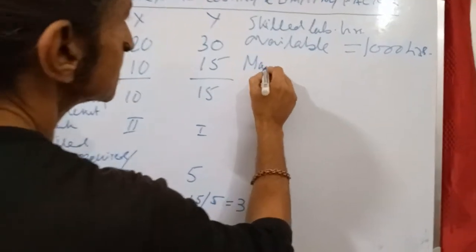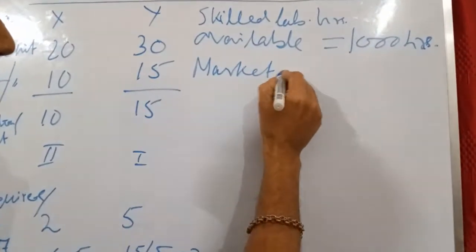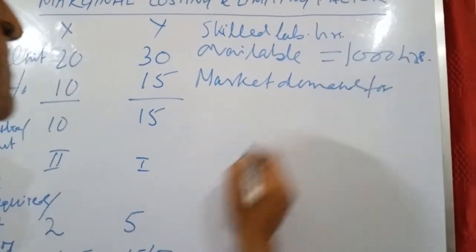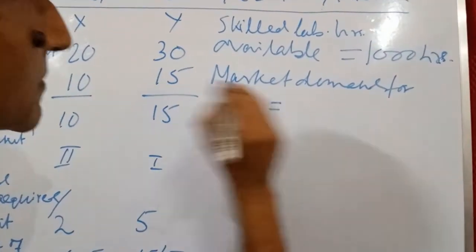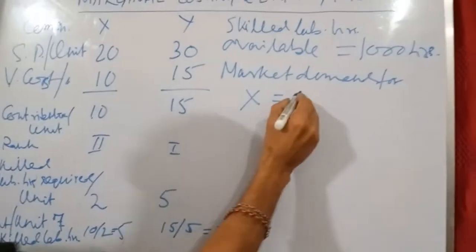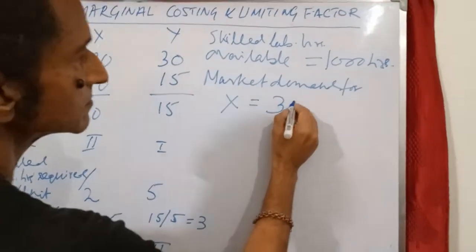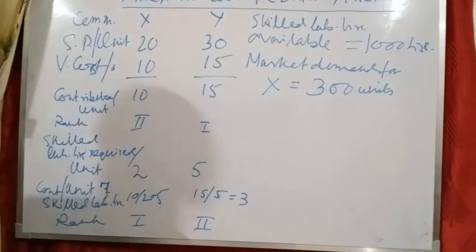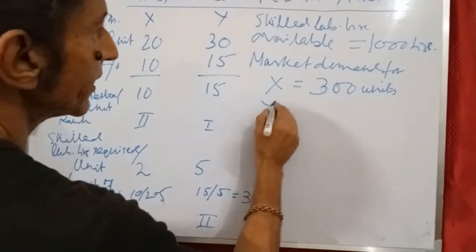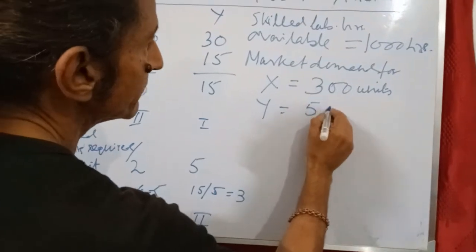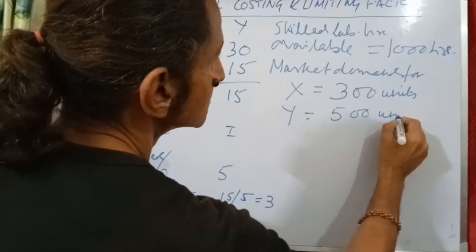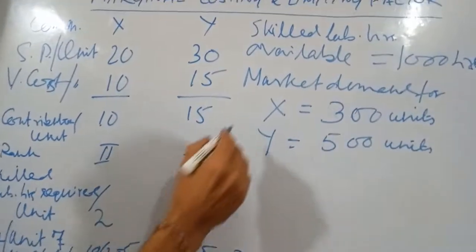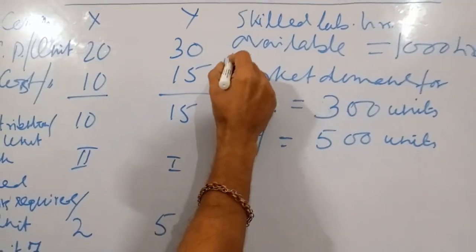Market demand for X is equal to 300 units and for Y it is say 500 units. So these are additional constraints, that is market demand.